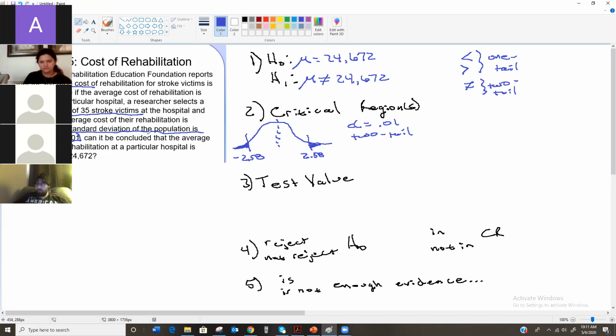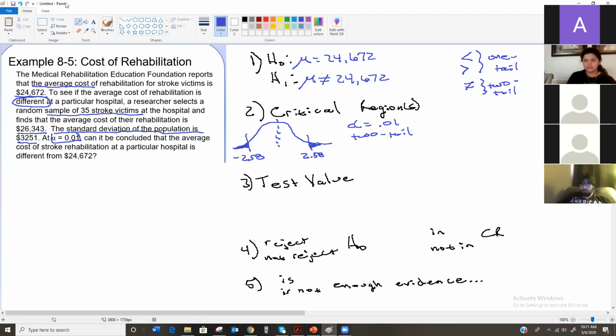So now let's go to the rest of the info, which says that this is what we got for our average, and this is the population standard deviation. So our test value is going to be X bar minus mu over sigma over square root of n.